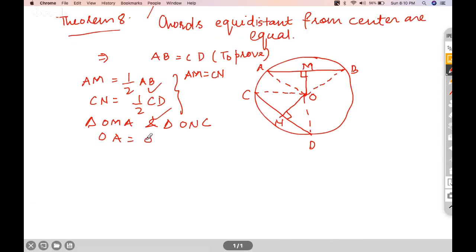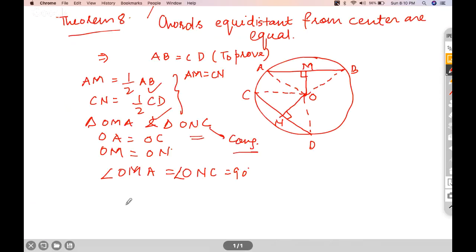So OA is equal to OC, and I have been given that OM is equal to ON because they are equidistant, and angle OMA is equal to angle ONC, which is 90 degrees. Hence these two triangles are congruent, and once they are congruent you can show that AM is equal to CN. You multiply by 2 and you will write AB is equal to CD.